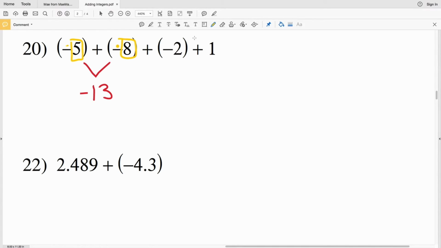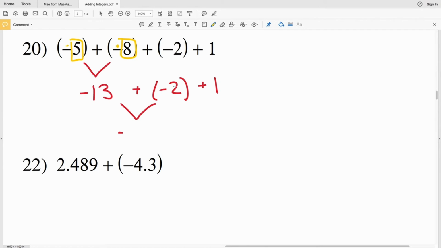So negative 13, and then we're going to add a negative 2 and add a 1. Let's go ahead and do negative 13 plus negative 2. So again, both these quantities are negative, so we know that when we add them, we're only going further into the negative numbers, so further to the left on that number line.